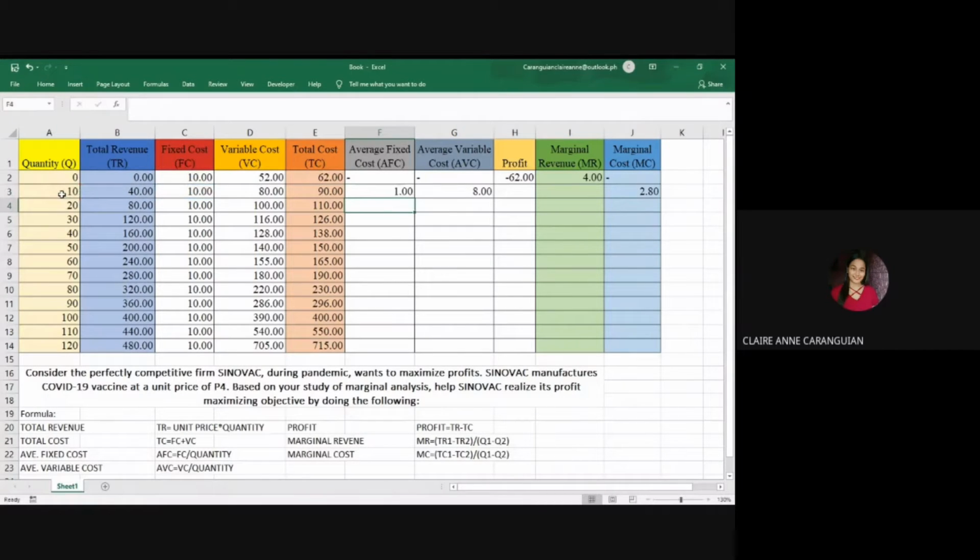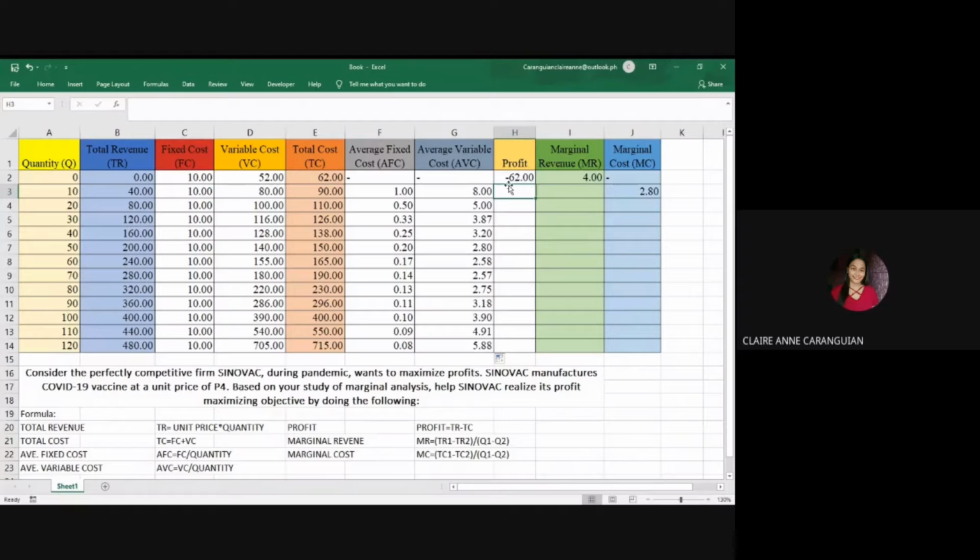We have a result of 1 peso. So bend it down, same process. For average variable cost, same as the formula for average fixed cost, but here we're going to use variable cost. So our formula is variable cost divided by the quantity, which is 20. Bend it down, same process.